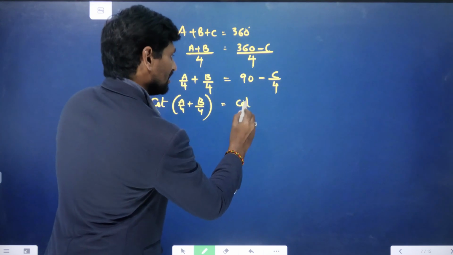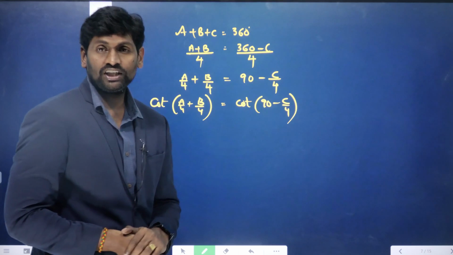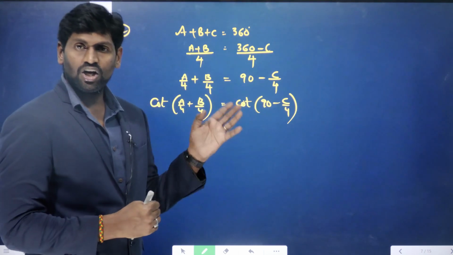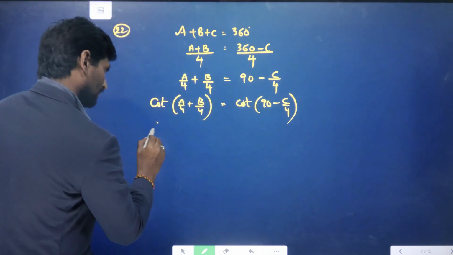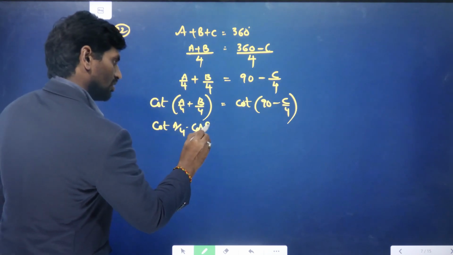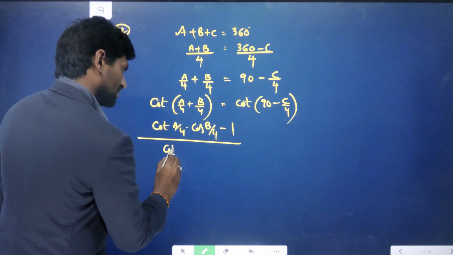What is the cot a plus b formula? Cot a plus b is cot a cot b minus 1 by cot a plus cot b.